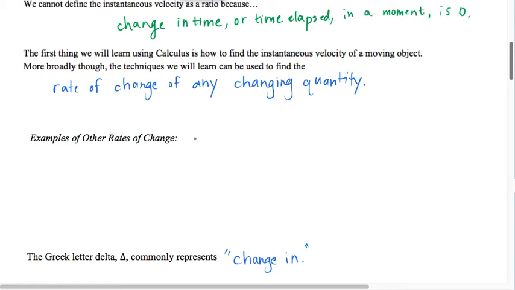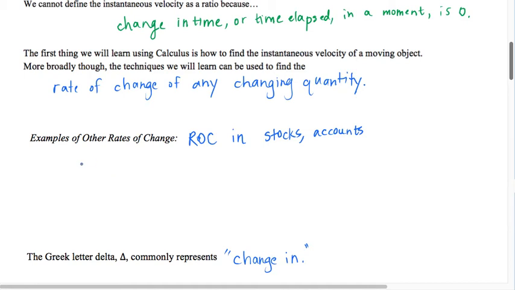In business calculus, often students look at the rate of change in the amount of money in some account, or maybe you're looking at a stock and its growth, how fast the stock is growing, or how fast it fell. It has to do with the rate of change. That's what we're going to find. It's not just the rate of change of position or distance, but the rate of change of any quantity.